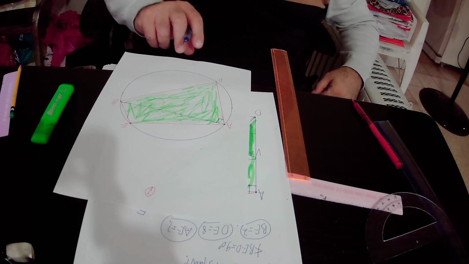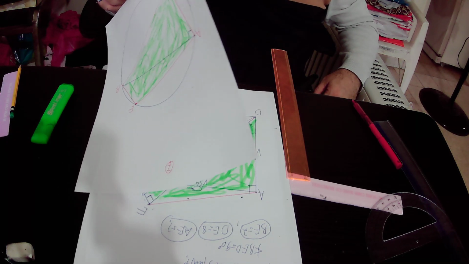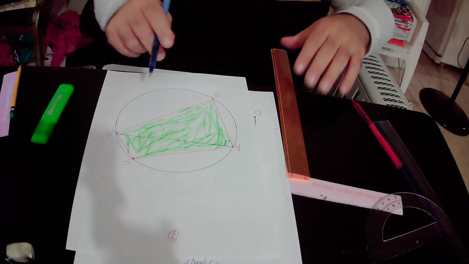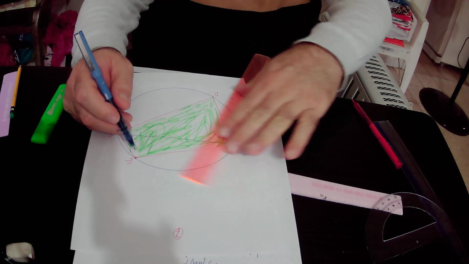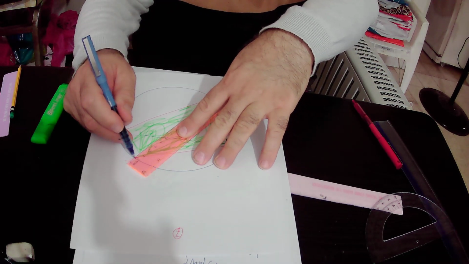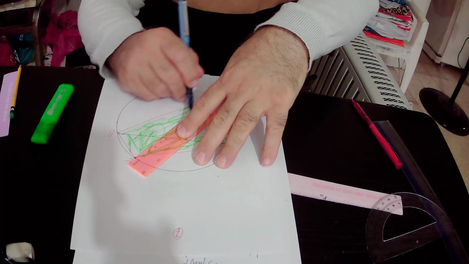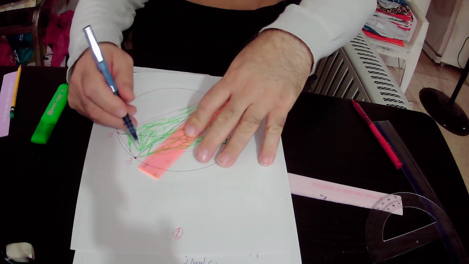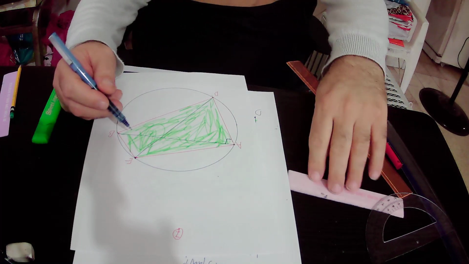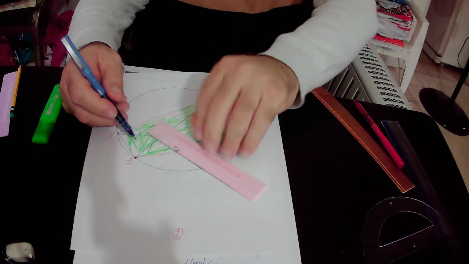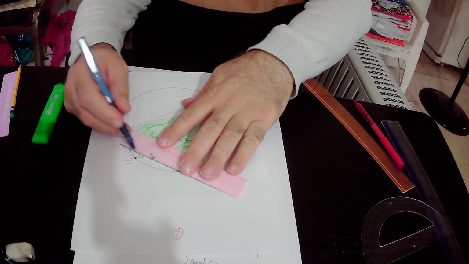And we also have the second angle, angle BED. This angle, angle BED, is also a right angle.